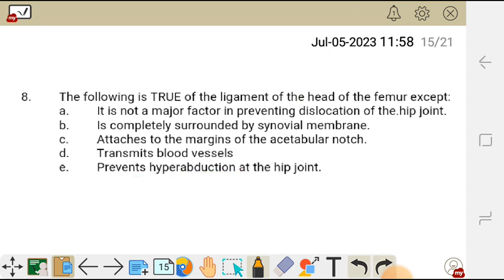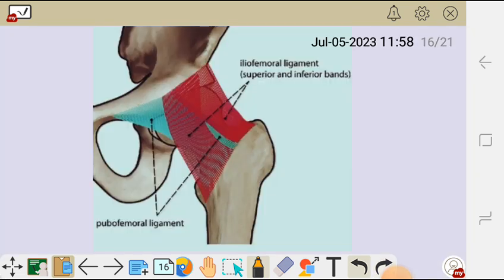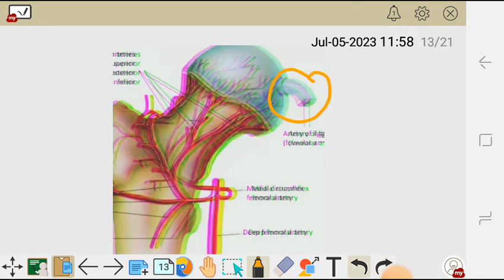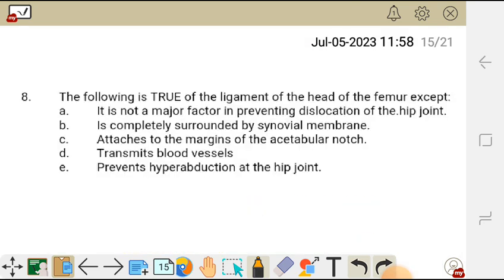Okay, so when you look at that ligament, we saw this ligament here in question 6, this is the ligament of the head of the femur. So that is the head of the femur, this ligamentum teres. So the function of that ligament is to prevent dislocation of the hip joint because it stabilizes the joint, and then it is completely surrounded by the synovial membrane.